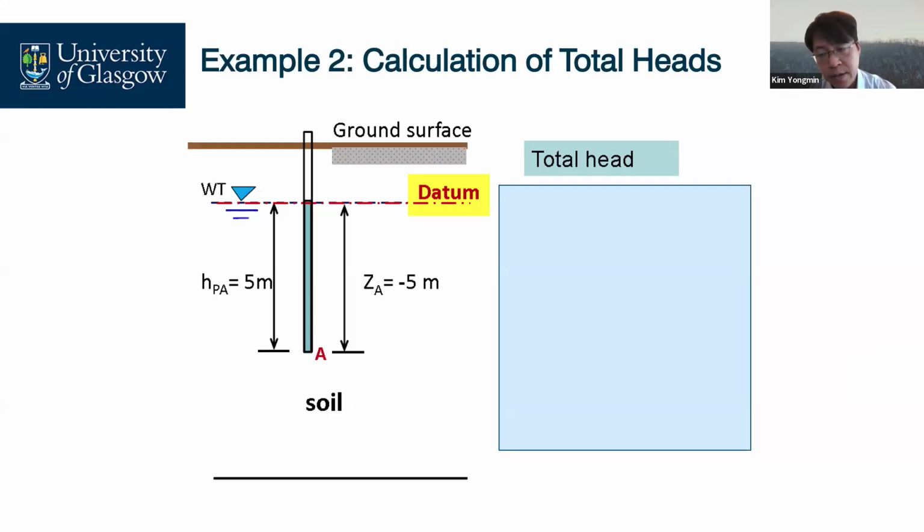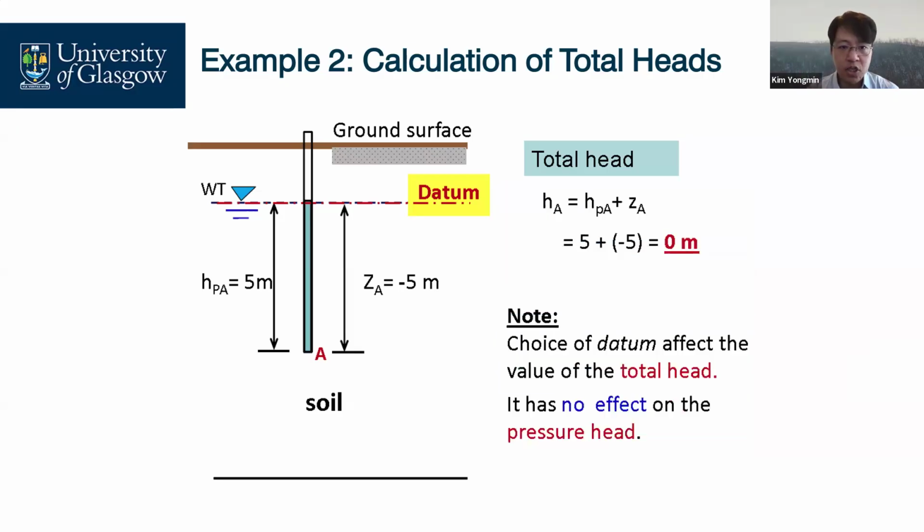Pressure head, which is the water depth, is still 5 meters. But the datum is different. Point A is below the datum, which means the elevation head is -5. So +5 meters for water pressure head plus -5 meters for elevation head. Total head is 0.